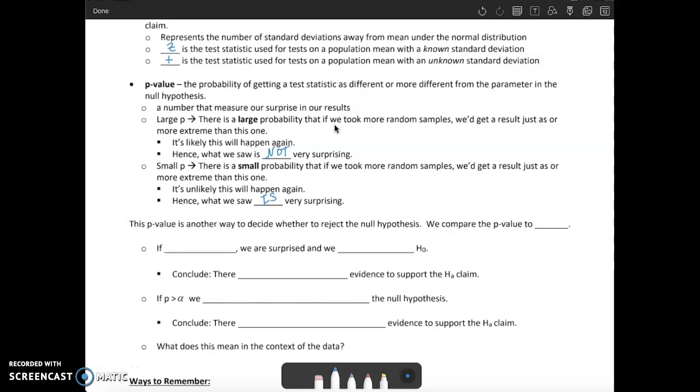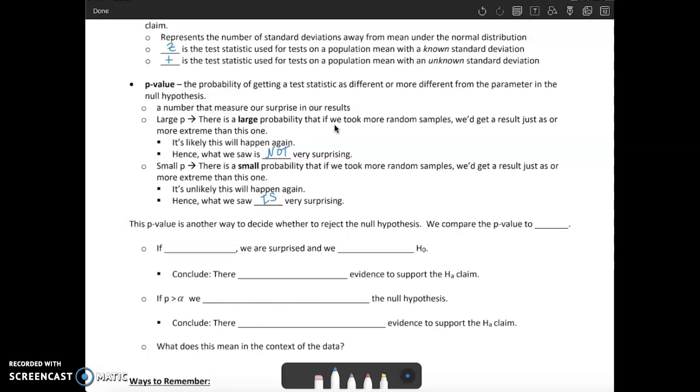Okay, maybe what we saw was a fluke, let's say. We saw a result, but it's very unlikely that that or something more extreme would happen again. So maybe we chalk this up to just being kind of a random fluke. It was an accident, and it's not going to happen again, most likely. So it was a surprising result.